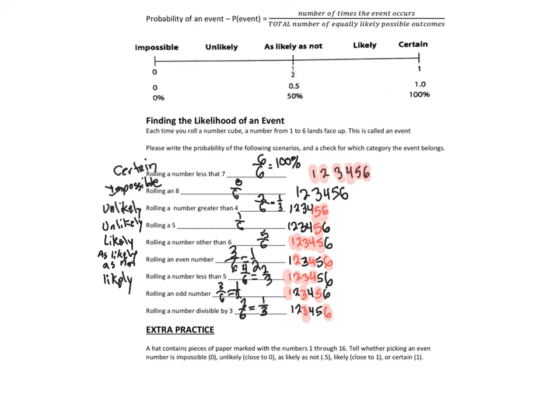Next one, we have 1/2. As likely as not. And the last one, rolling a number divisible by 3, we got 1/3. So that would be the unlikely, not quite to the 50%.